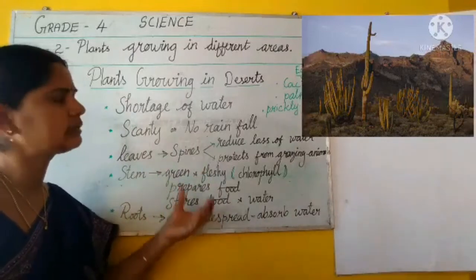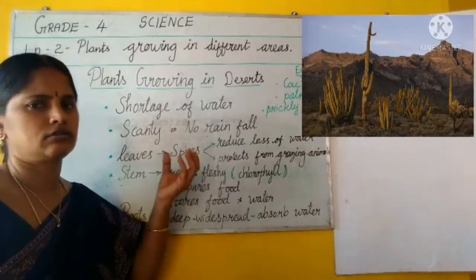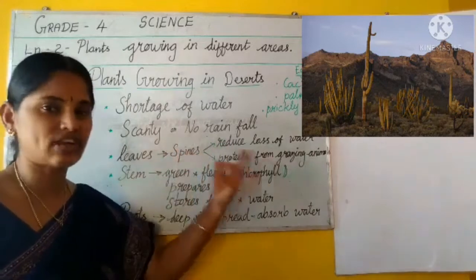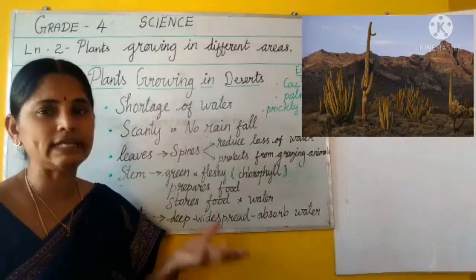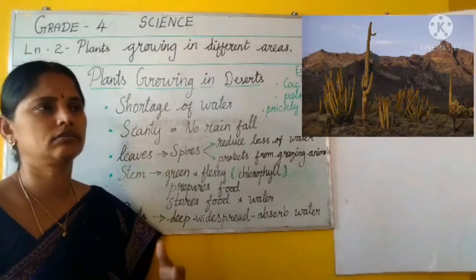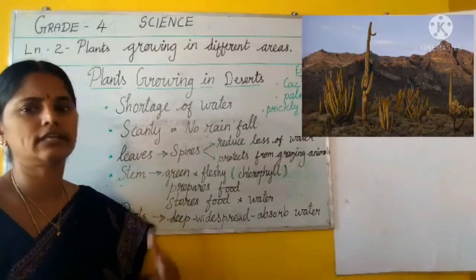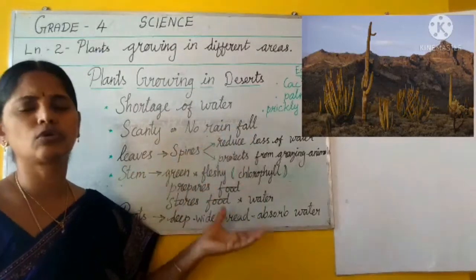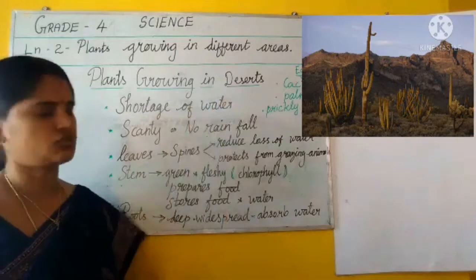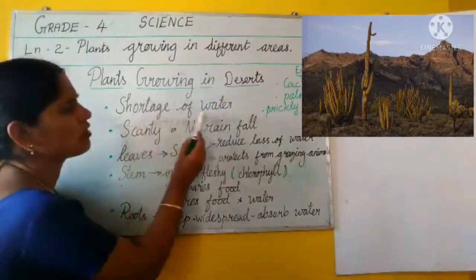In desert region there is less rainfall. Water is very scanty, that is, very little. Scanty or less rainfall. So how will the plants grow in the desert region? There will be a shortage of water.